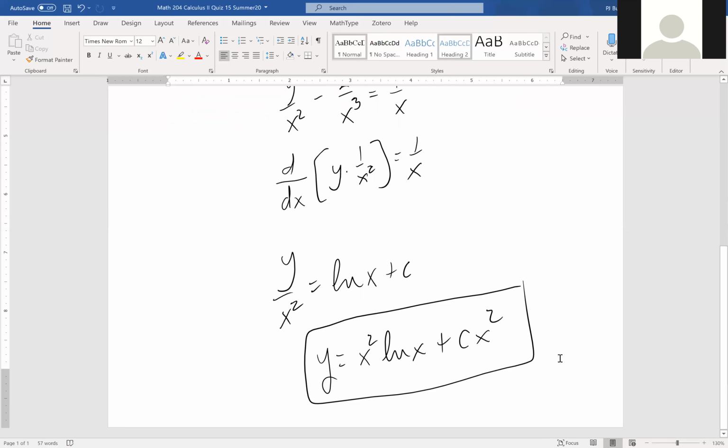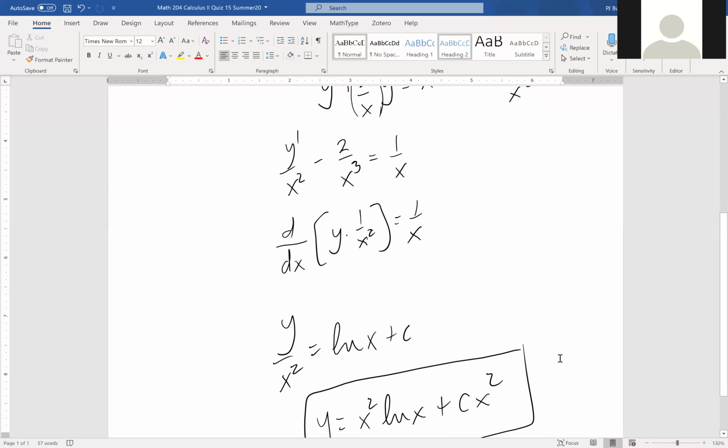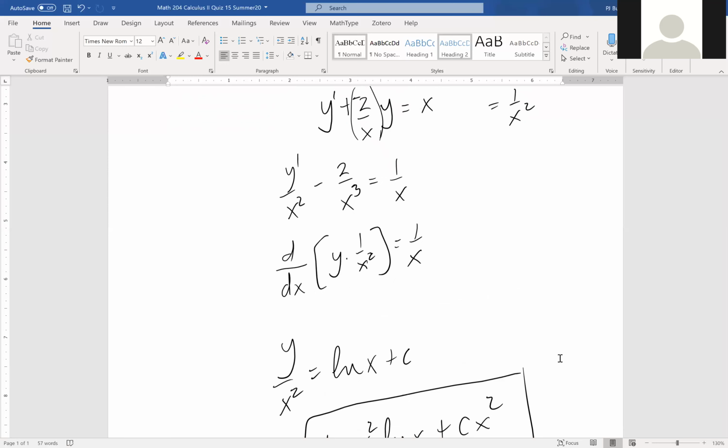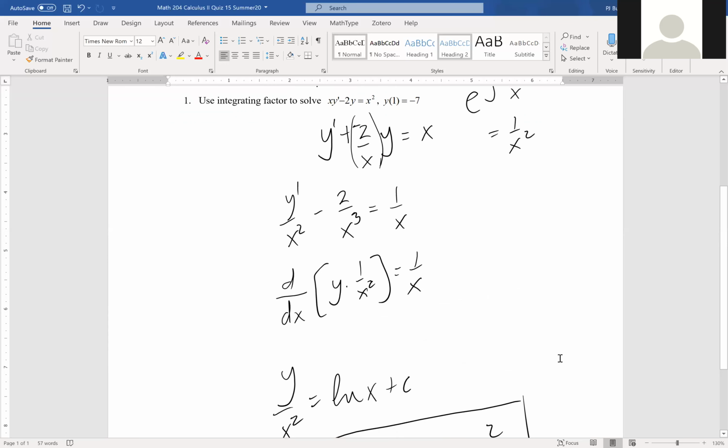So how did you get x cubed there in the above equation, like y prime over x squared minus 2 over x cubed? So you're okay with the integrating factor that I have? Yeah, but I did not get it. Won't it be 2 over x squared instead of x cubed? Well, I multiply that x squared by everything here, right?